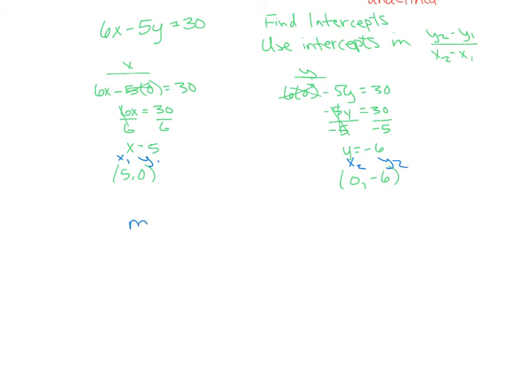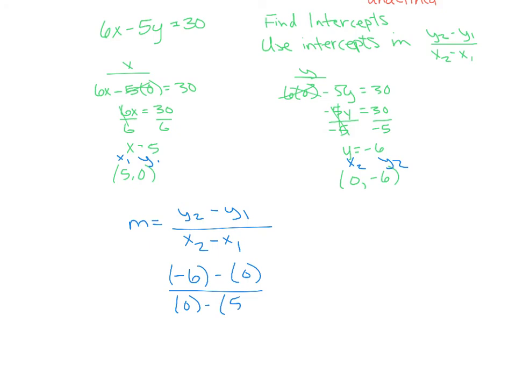And we use m equals y2 minus y1 over x2 minus x1. y2 is negative 6 minus y1, which is 0. x2 is 0 minus x1, which is 5. And we simplify those. Negative 6 minus 0 is negative 6. And 0 minus 5 is negative 5. And 2 negatives make a positive, so our slope is 6/5.